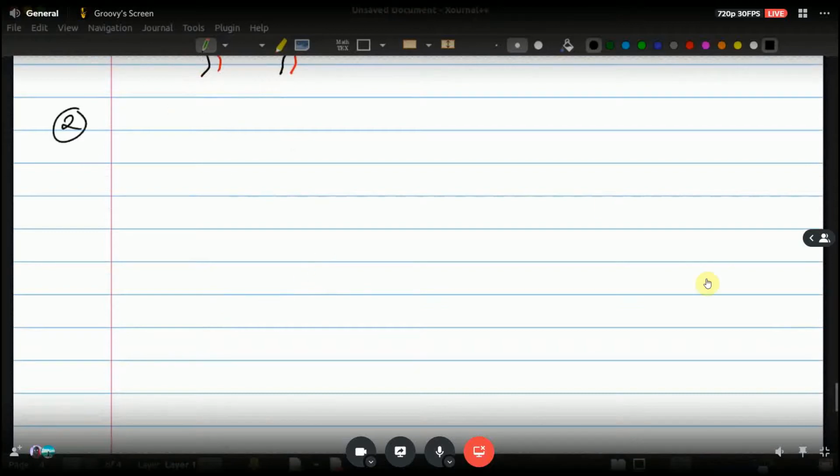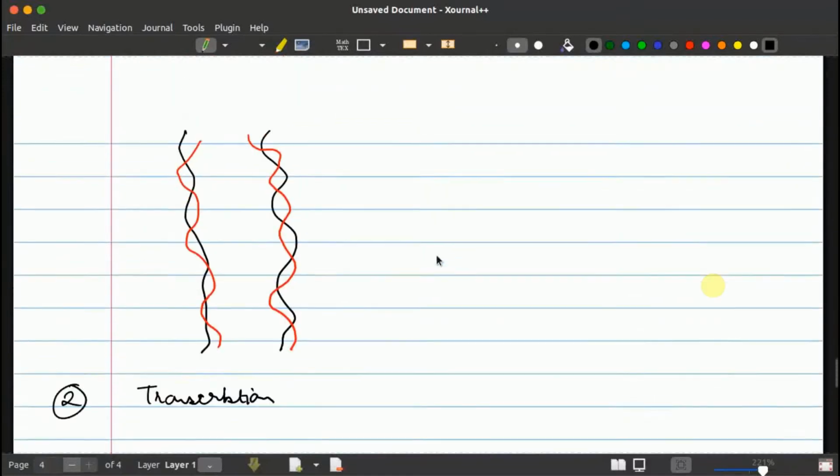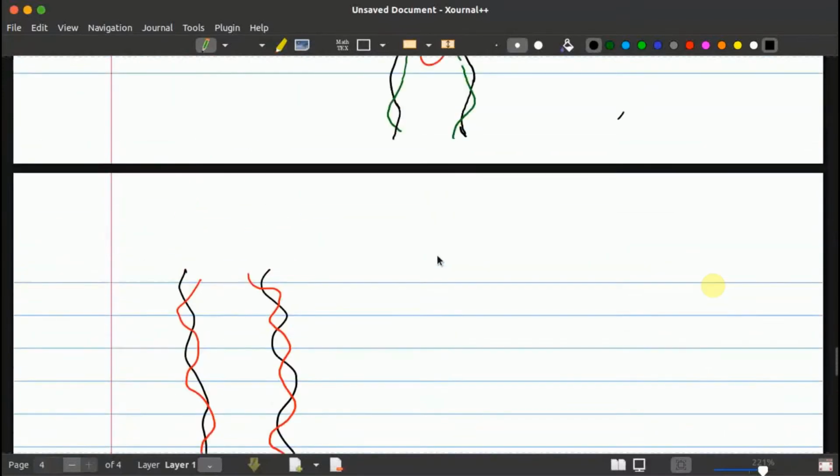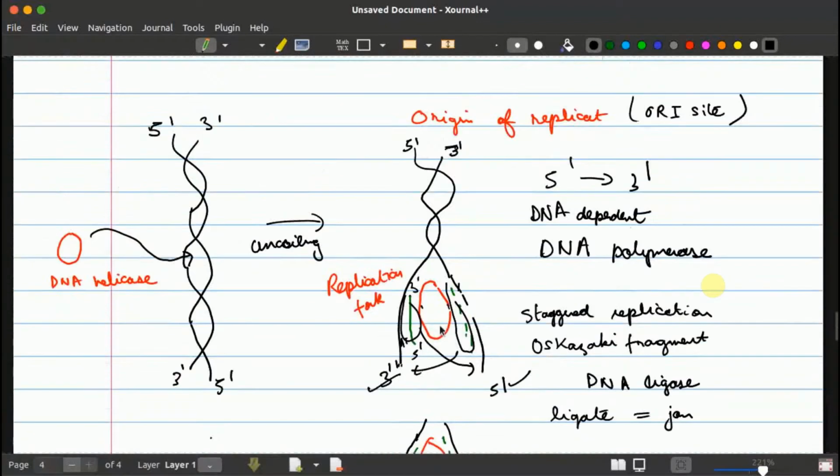Now we have transcription. So wait, in the replication procedure, what was the application? Was that complementary DNA and PCR stuff? No, whatever she taught was the application, the PCR.